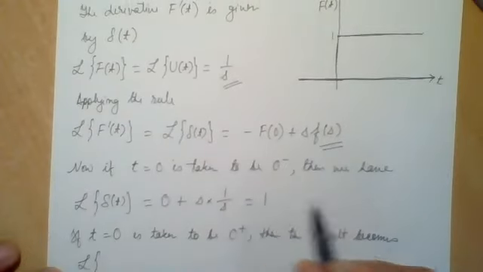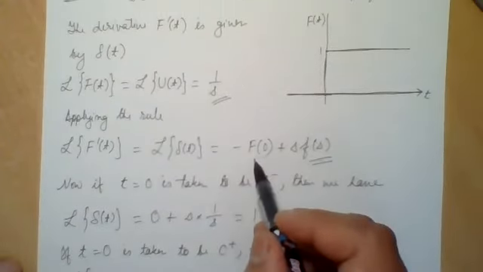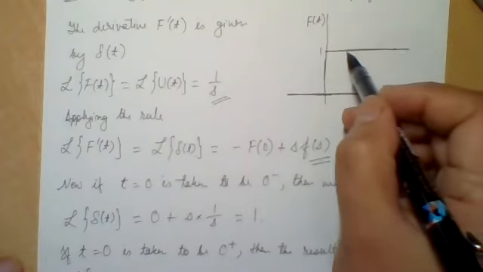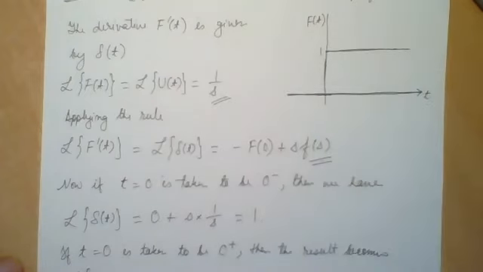I repeat, if we take f of 0 as the right hand limit, then we approach 0 from the right and the value is 1.